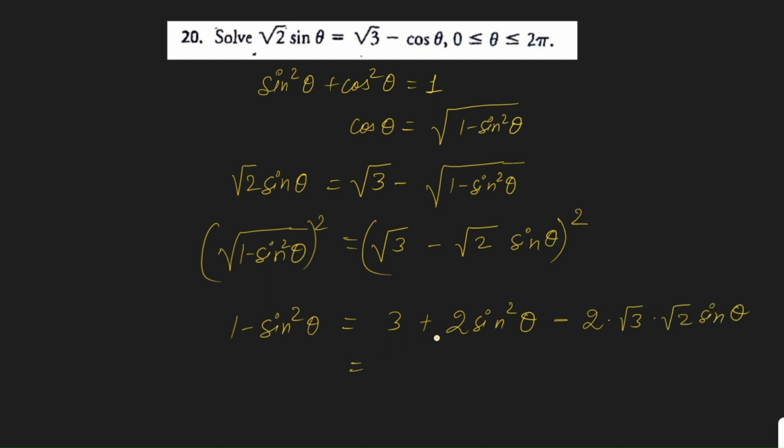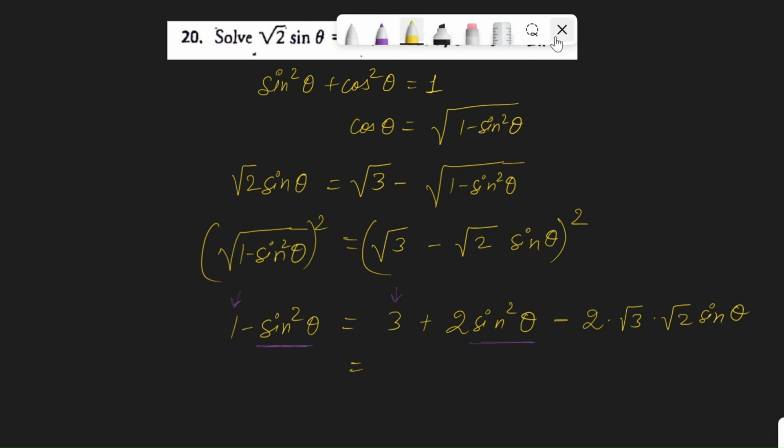And then again we can simplify this sin²θ and this sin²θ. These are the like terms that we can simplify here. We can also simplify this constant and this constant. So next I'm going to take everything on the left hand side.